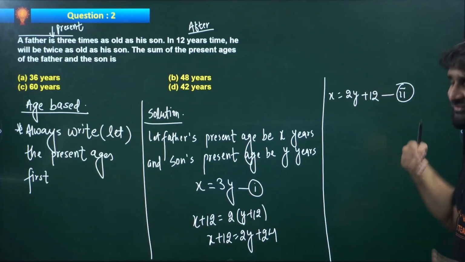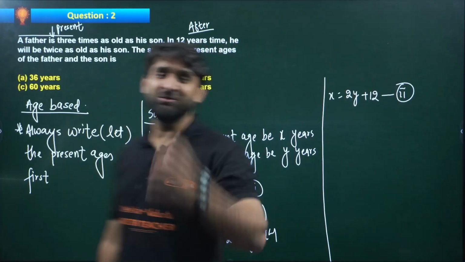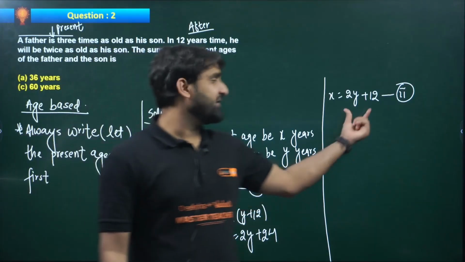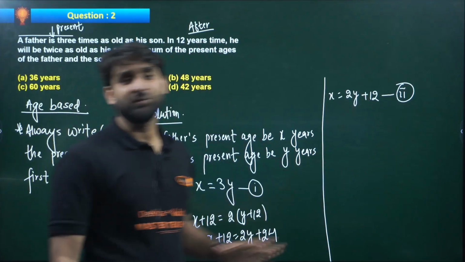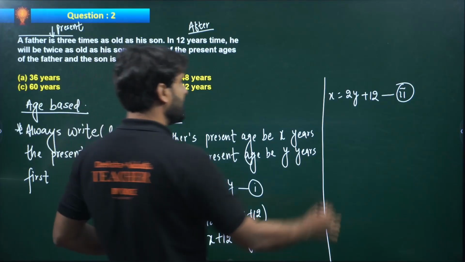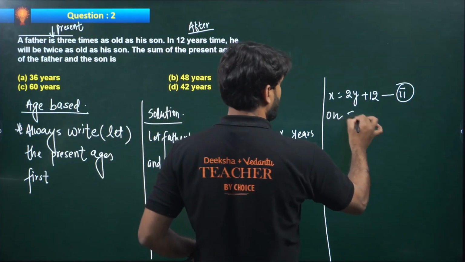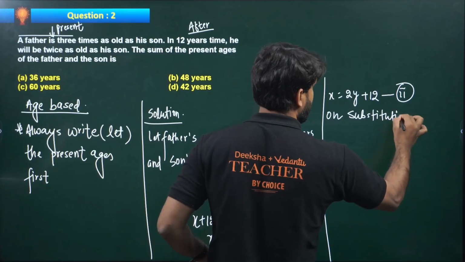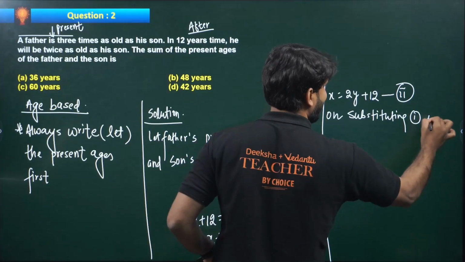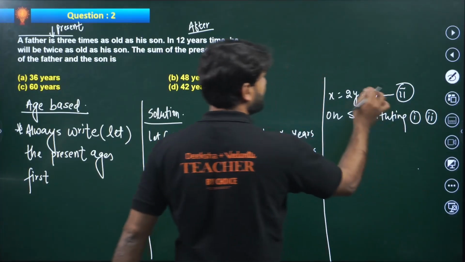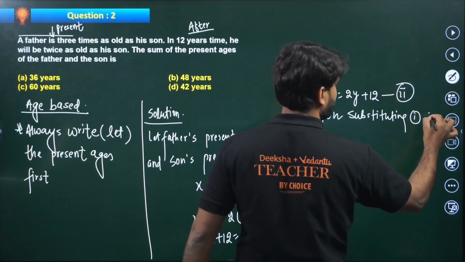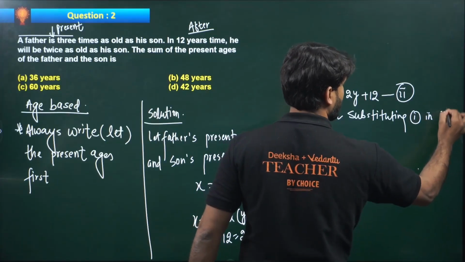First equation, second equation. We can use the substitution method. Why substitution? Because x is equal to 3y, and here x is equal to 2y plus 12. So on substituting the first in the second, what will happen?